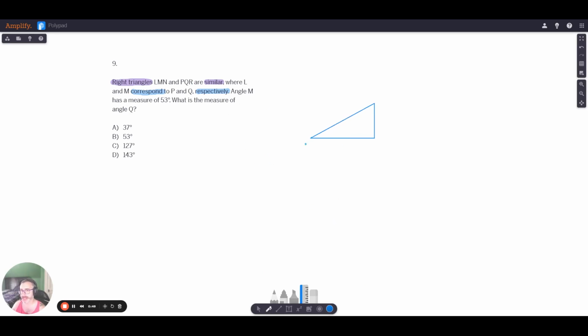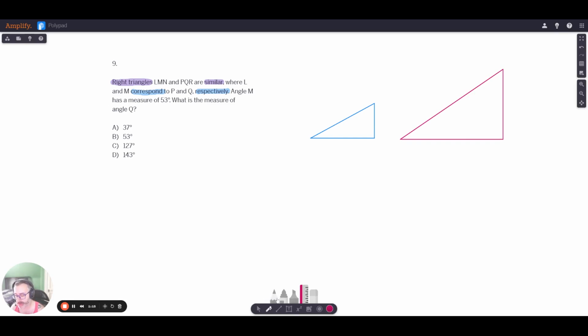For two figures to be similar, they need to be the same basic shape with the exact same angles, but one of them might be bigger or smaller than the other. Think of it as zooming in or zooming out, shrinking or enlarging. So perhaps I could imagine another right triangle that's got the same angles, but is just much bigger.